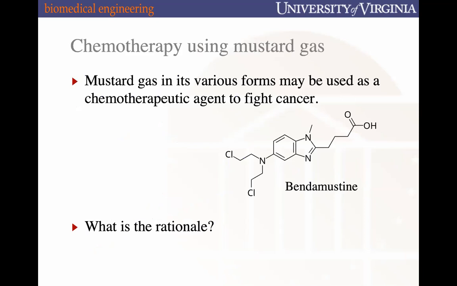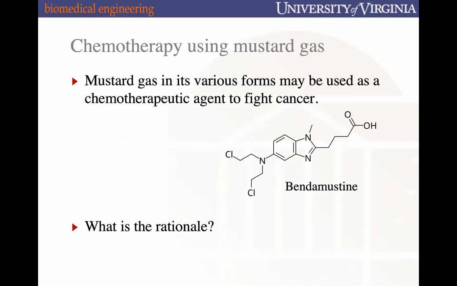There are actually chemotherapy agents that use mustard gas. As I described before, cancer cells are incredibly proliferative, and if there's a way to attack them and kill them by targeting their replication machinery, that can be incredibly powerful.